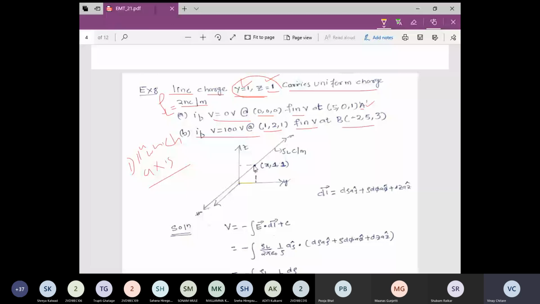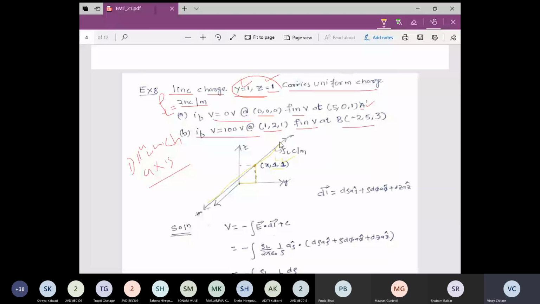From this point you draw a line parallel to the x-axis. Now what does it mean? On this line, the only variable is x. The remaining y and z are fixed: y is 1 and z is 1.